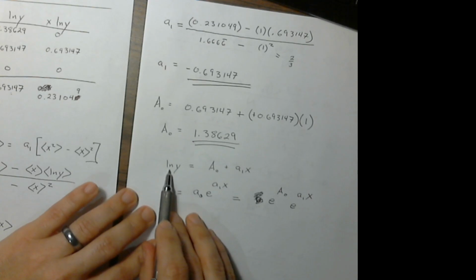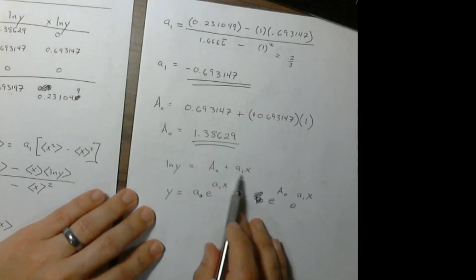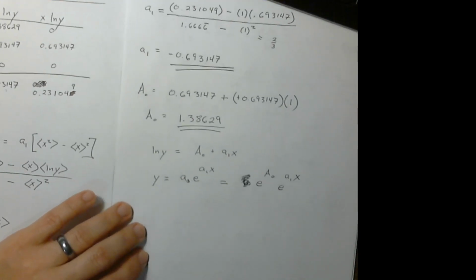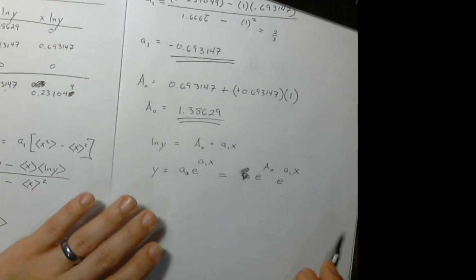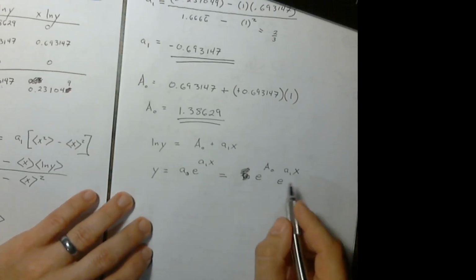Notice I get that: if I just raise this whole thing to the e power, you actually get this expression on the right-hand side. I'll let you prove that to yourselves. After all, it's only algebra. You can do that. Okay, so let's figure that out.